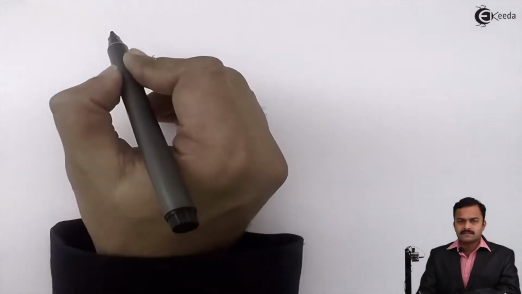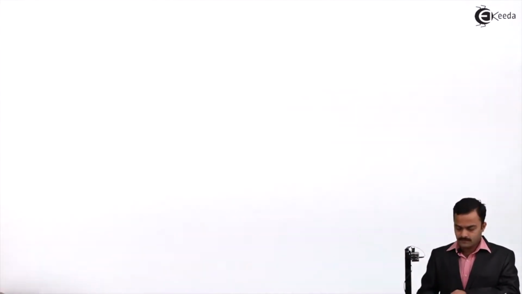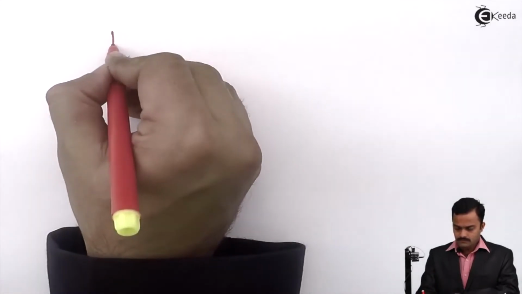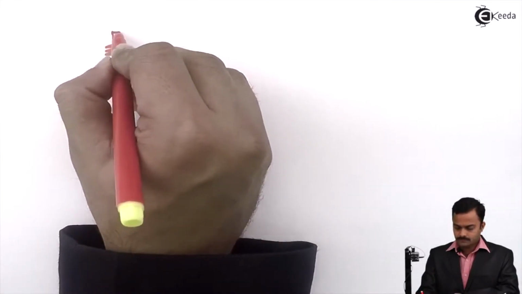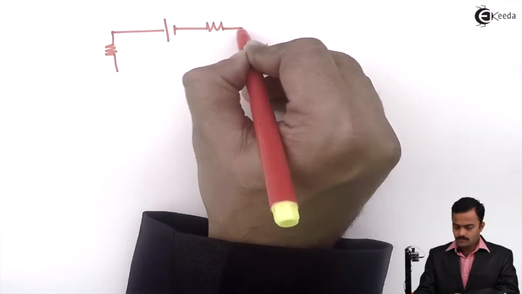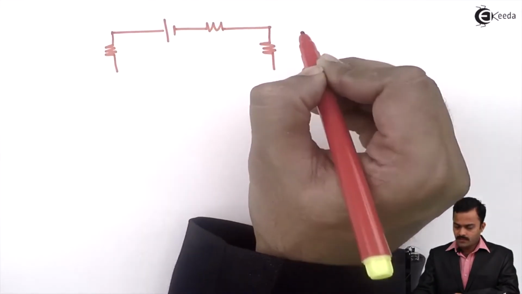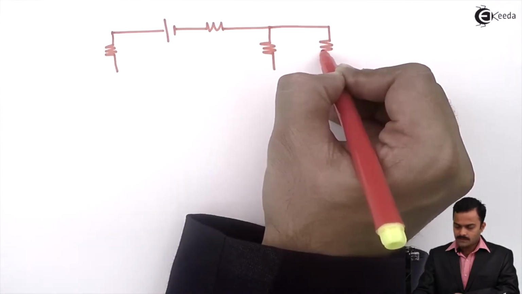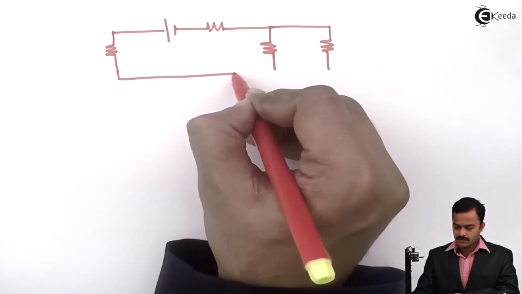So doing this modification, I will get a circuit like this: 10 ohm, 10 volt, 2 ohm, this is 5 ohm, and this is the load resistance which I am considering as 6 ohm.